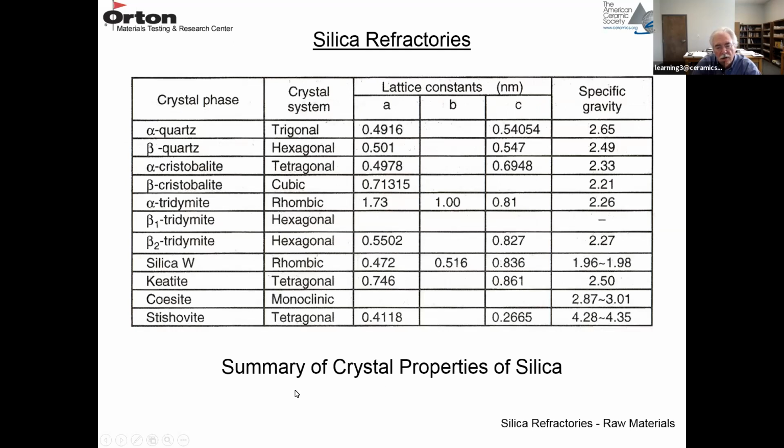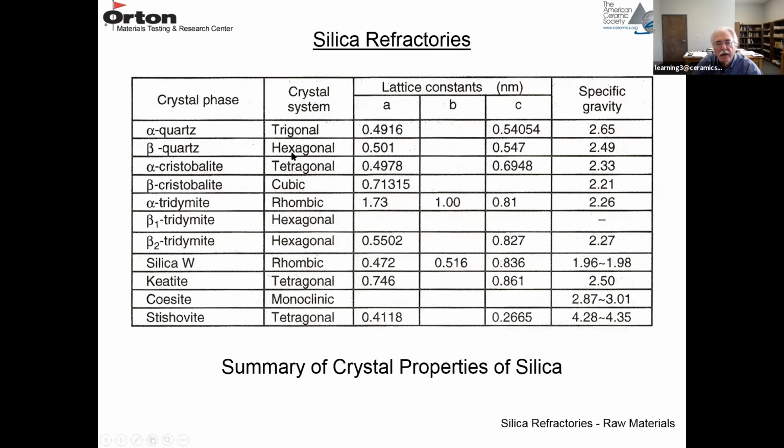This table just summarizes some of the crystals. So for alpha quartz, the crystal system is trigonal, and then you have the lattice constants and the density. So alpha quartz is 2.65, that's grams per cc, specific gravity.